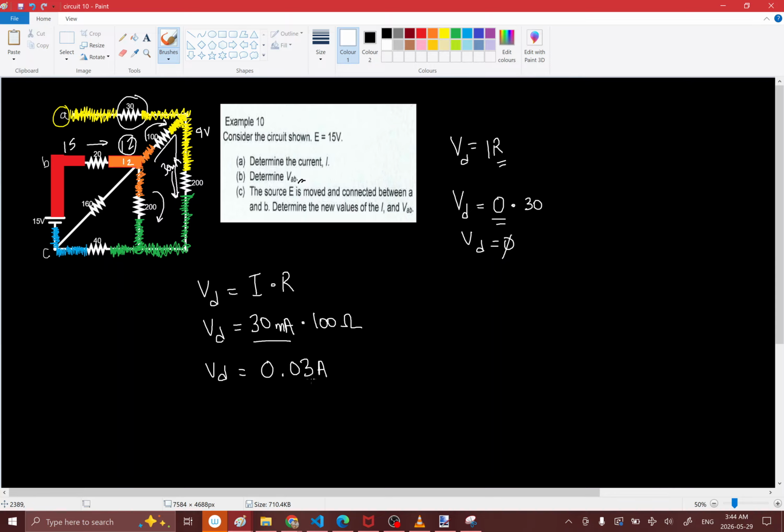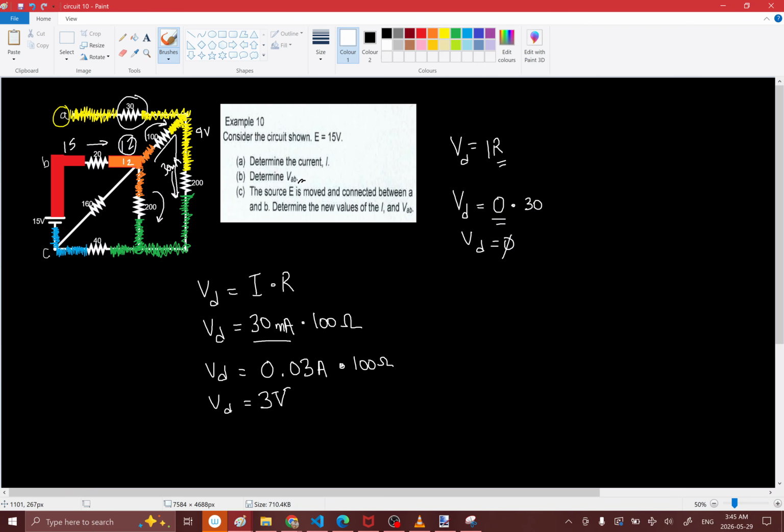Is that right? Yeah, that's correct. Okay. So 30 milliamps multiplied by 100 ohms. So you have to get the units right. You can't multiply milliamps. You gotta turn it into amps. So the VD is gonna be 3 volts.